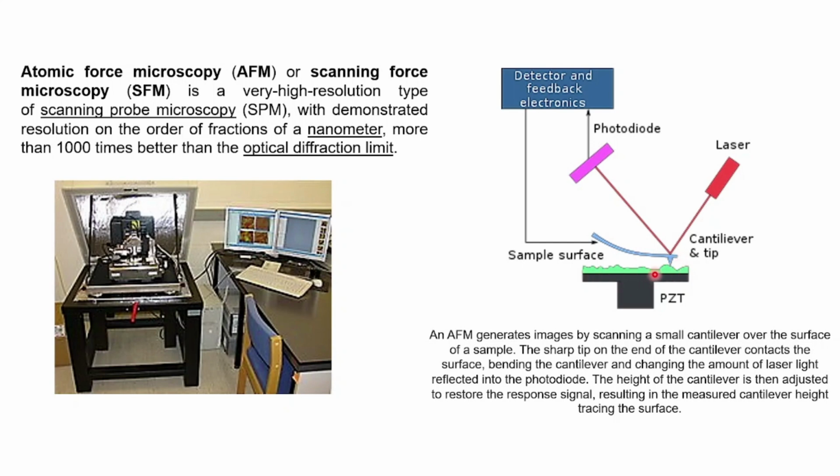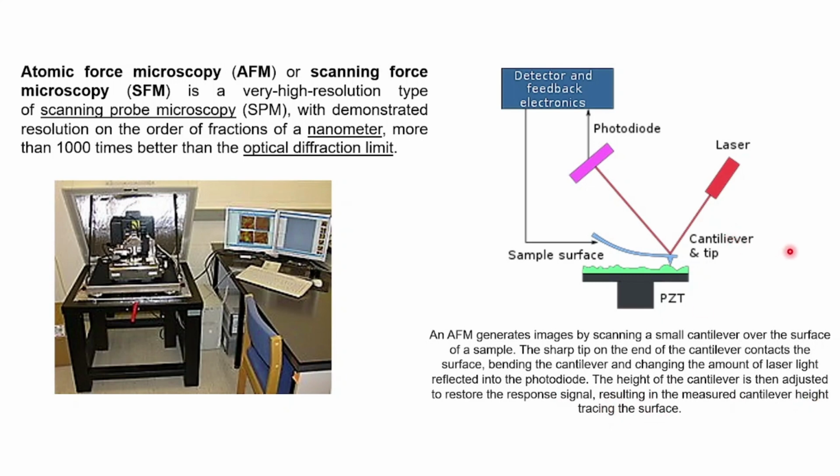Obviously the surface is not flat. The sample will have bends and curves. So the sharp tip on the end of the cantilever contacts the surface, bending the cantilever and changing the amount of laser light reflected into the photodiode. The height of the cantilever is then adjusted to restore the response signal, resulting in the measured cantilever height tracing the surface.